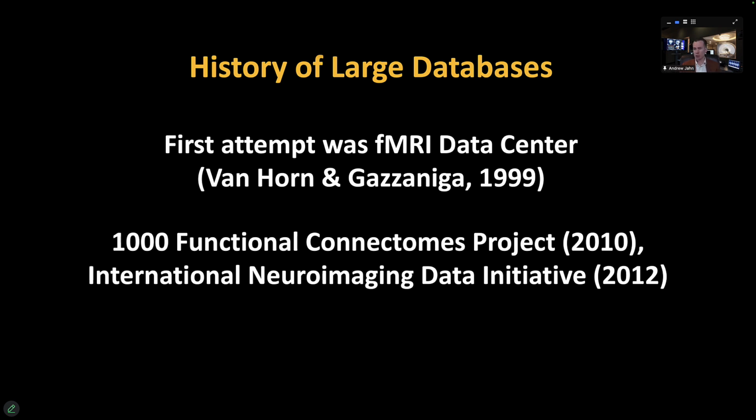These are all attempts to gather large amounts of data, and some of them focusing on specific modalities. So for example, the Functional Connectomes project is focused mostly on functional connectivity data. In that case, most of the time, people are in a resting state. You collect the signal when they're at rest, and you form these correlations between different regions of the brain.